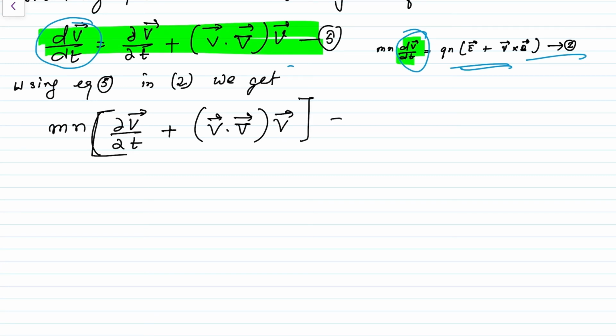Okay, it must be equal to this part. Okay, q n E plus v cross B. This is equation number, suppose, 6.